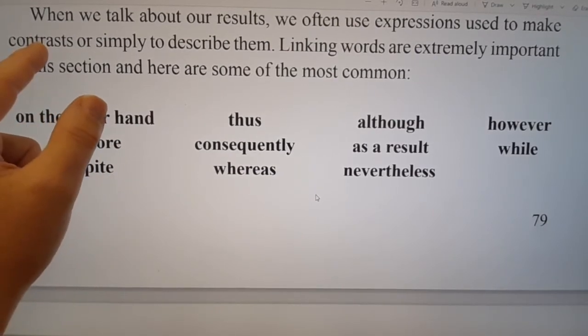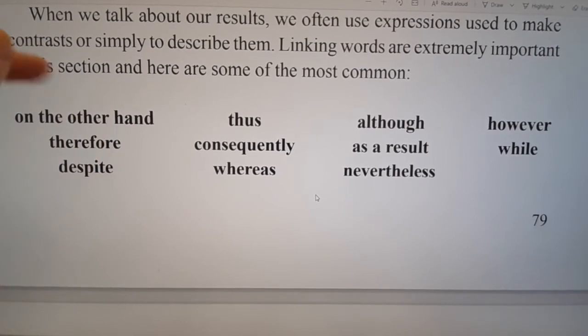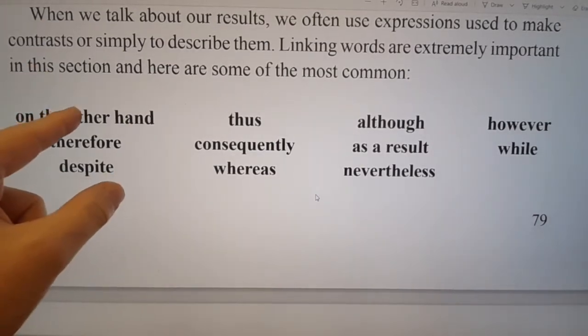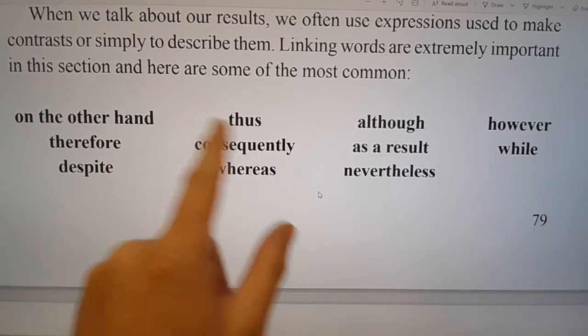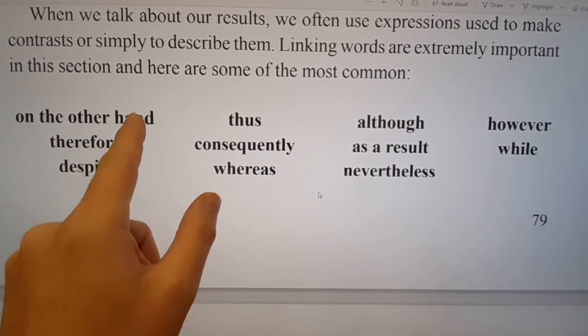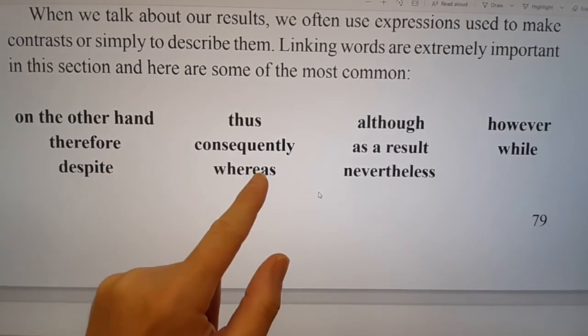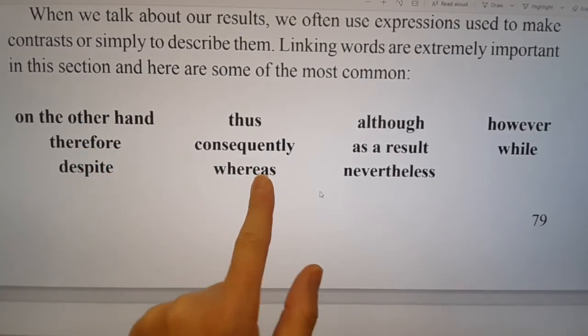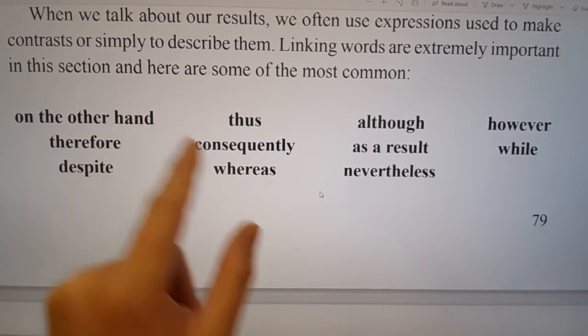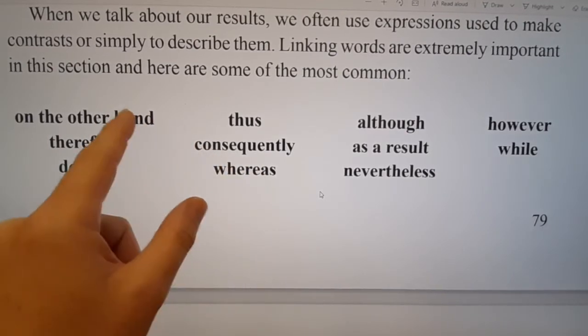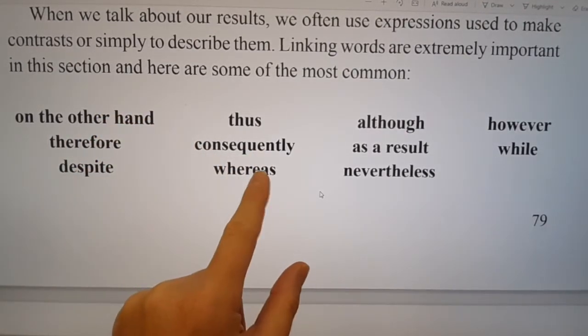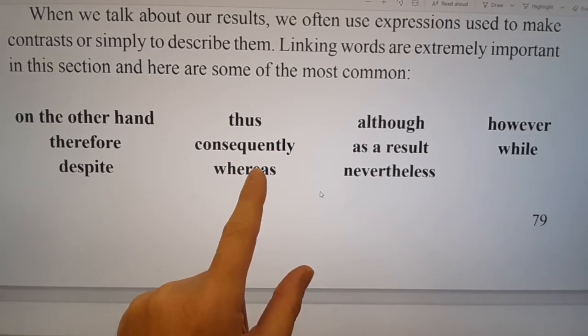Remember, contrast is also a comparison, when you're showing that something is similar or completely different. So we have words like on the other hand or despite or whereas, which means also the same thing. Whereas is a great word to use in the middle of the sentence.